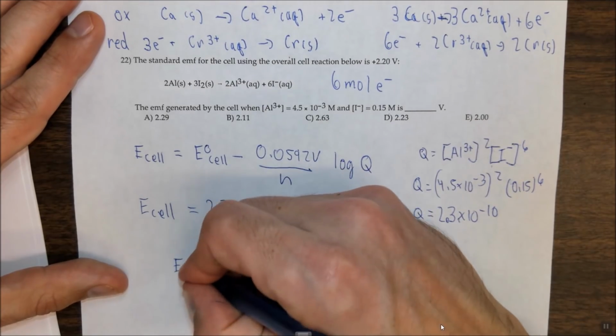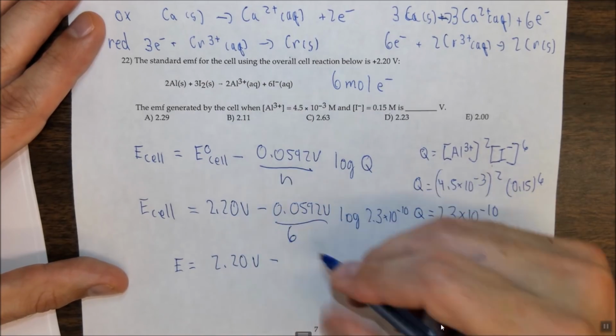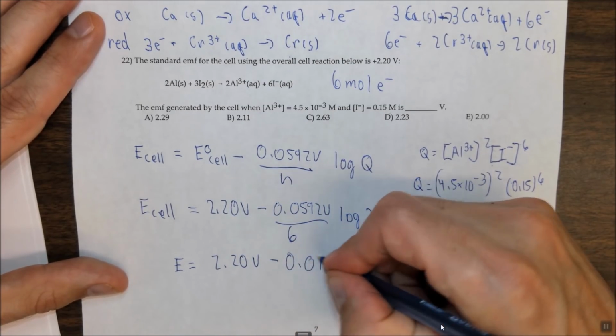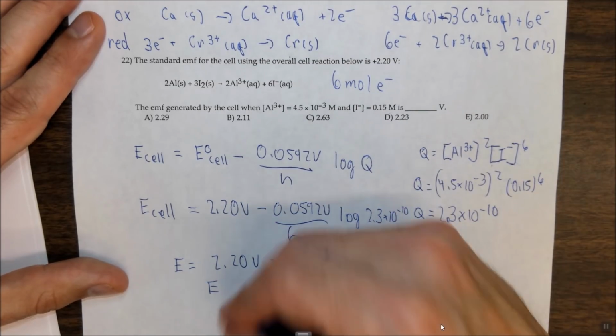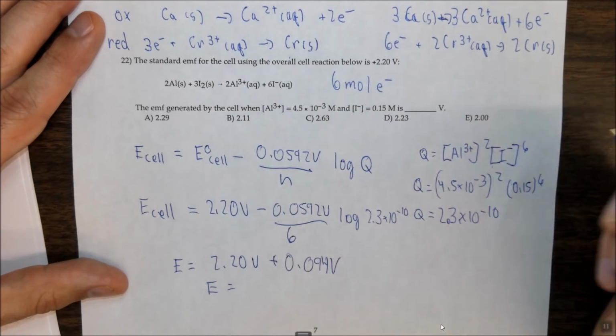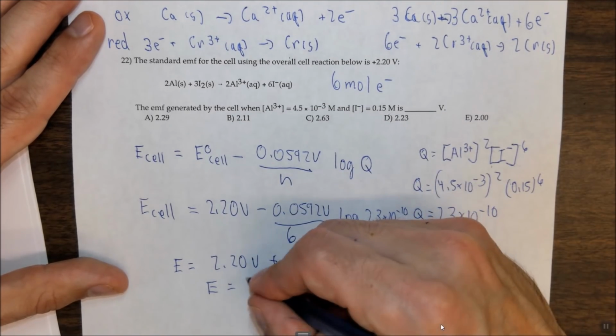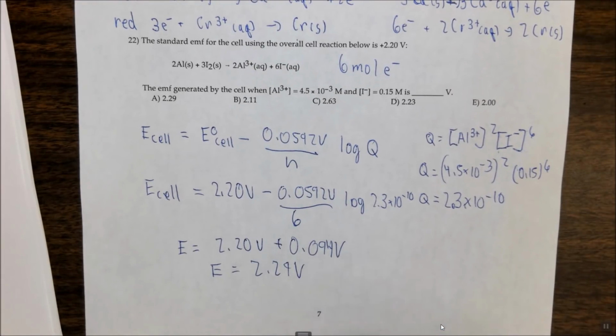When we do all that math, we get E cell equals 2.20 volts minus 0.094 volts, and excuse me, this should be plus, is equal to 2.29 volts. Notice that these conditions don't change the E very much, and that's pretty common. So they can change it, but they don't change it a whole lot.